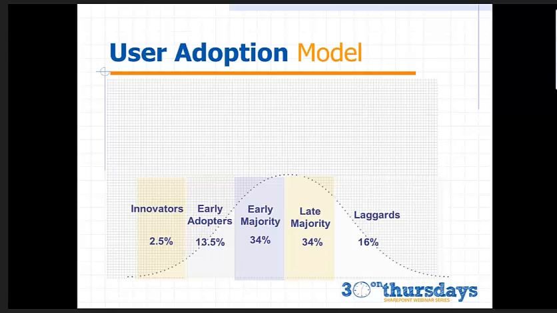You have your first 2.5%, your innovators. What are the characteristics of innovators? Currently, they tend to be younger and/or people who can afford the capital to try new technologies. That, I'm sure, over time will change a little bit, but right now, that's the model.